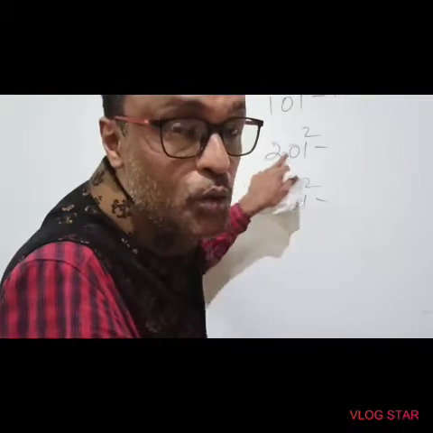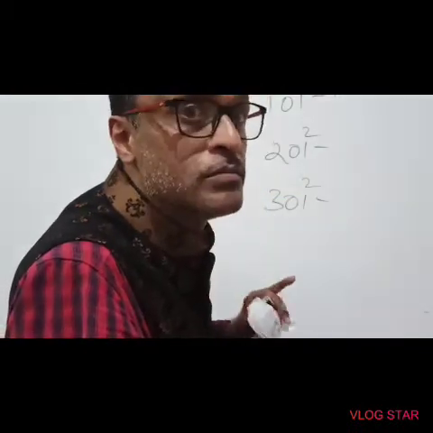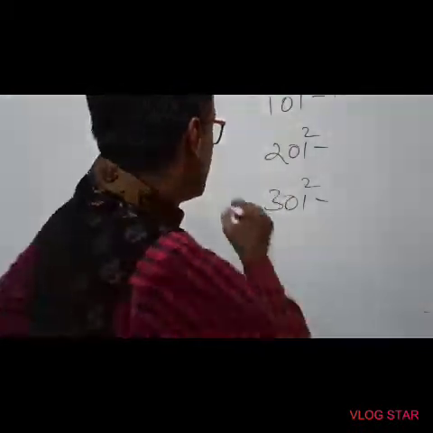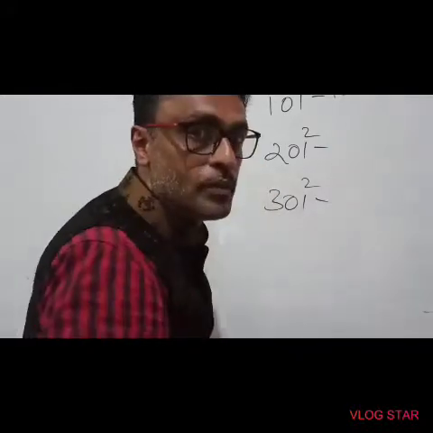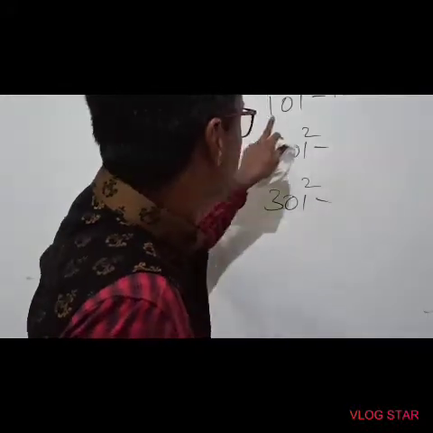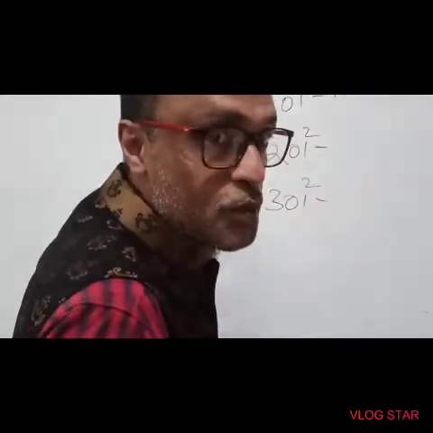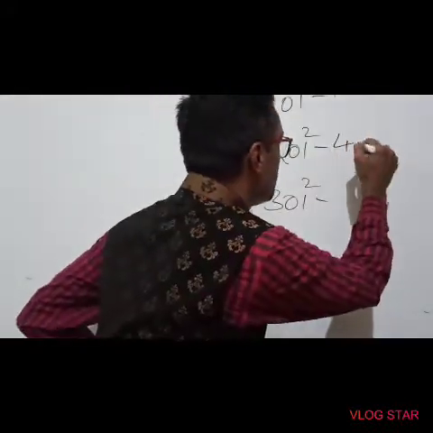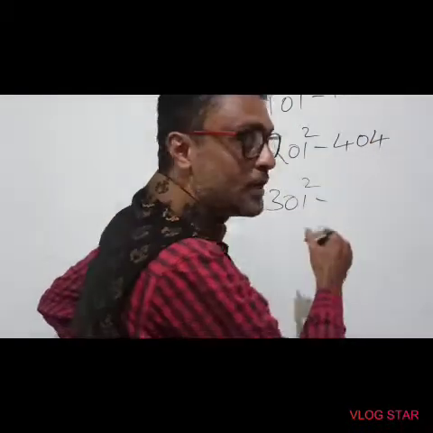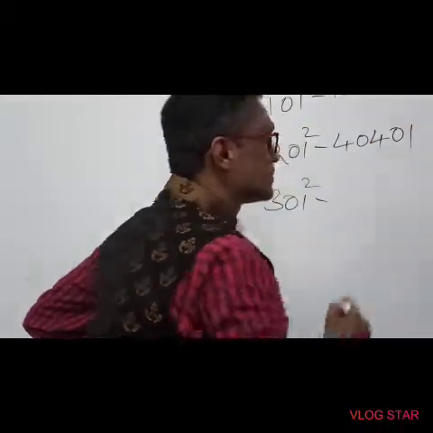First double the number, 201. If you double it, what will you get? 402. Now follow this method. What's the last number here? 2. 402 plus 2 is how much? 404. What is 2 square? 04. That's all.